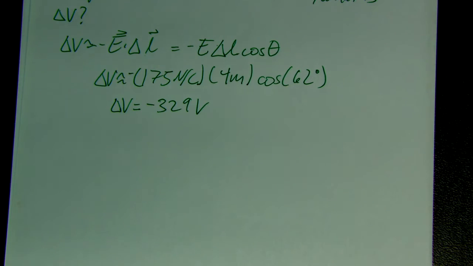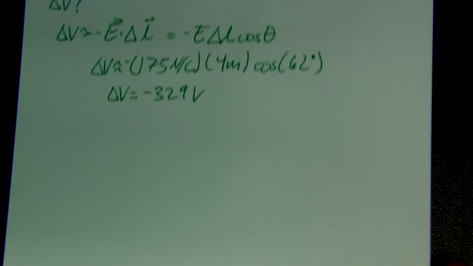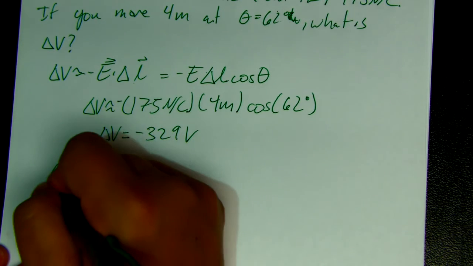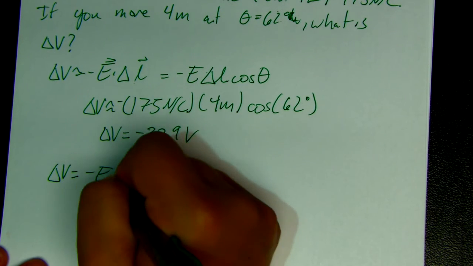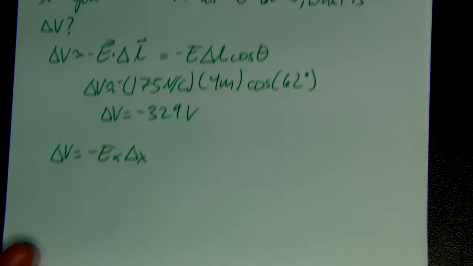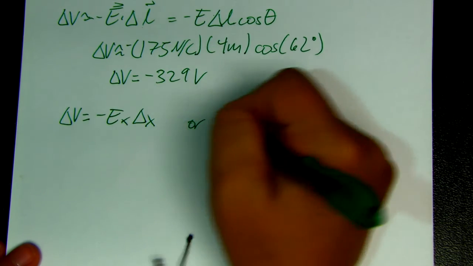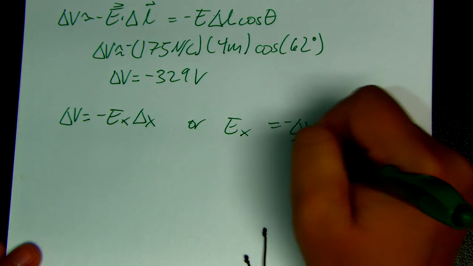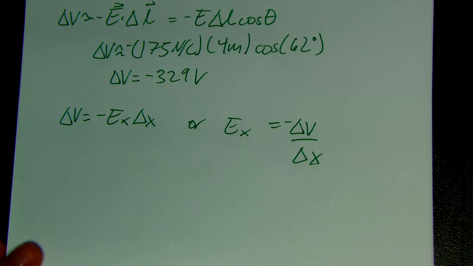Delta V is equal to minus 329 volts. All right, so we can use delta V to calculate fields as well. So delta V is equal to minus E sub x delta x. Or you could rewrite it and say that E sub x, the field in x, is equal to minus delta V over delta x.